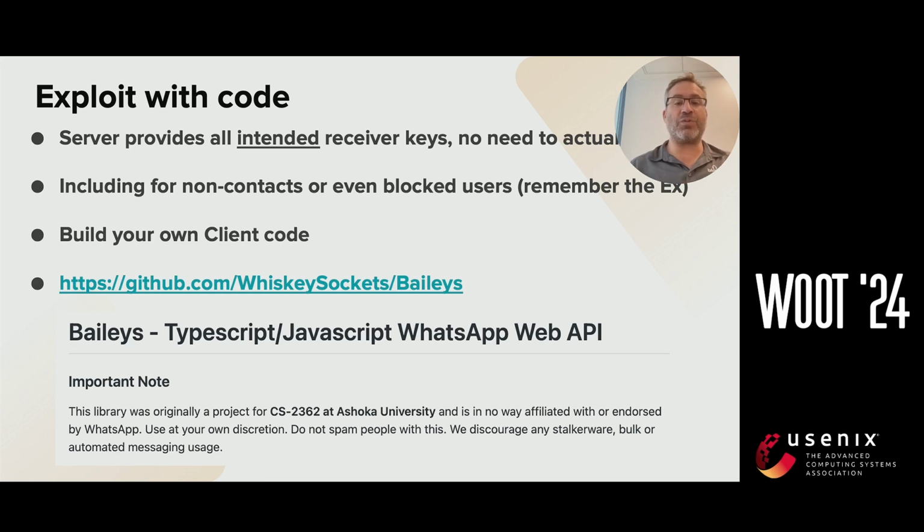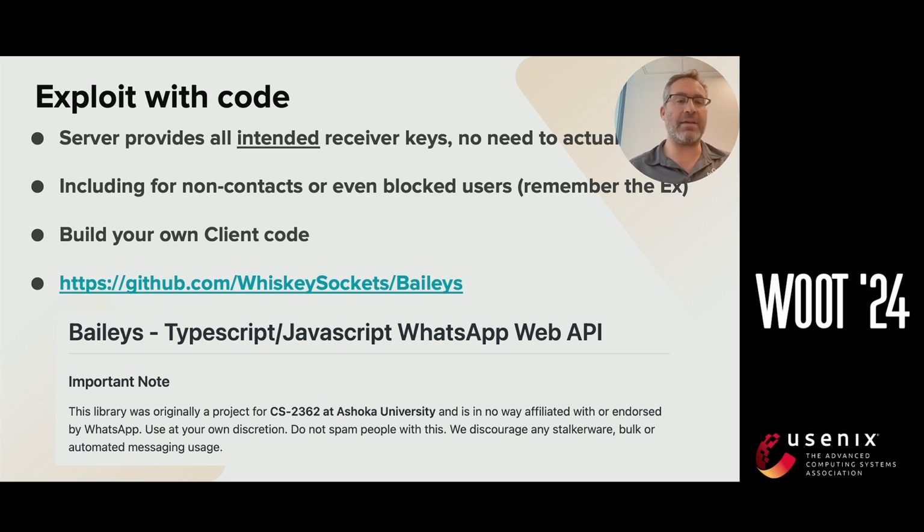And it also means that non-contacts can get this information, and even blocked users, which is kind of weird because they cannot actually send, but they are able to fetch that information in order to enable them to send. So remember that ex: although you blocked him or her and you cannot get messages from them, they can still track your device information with this API.